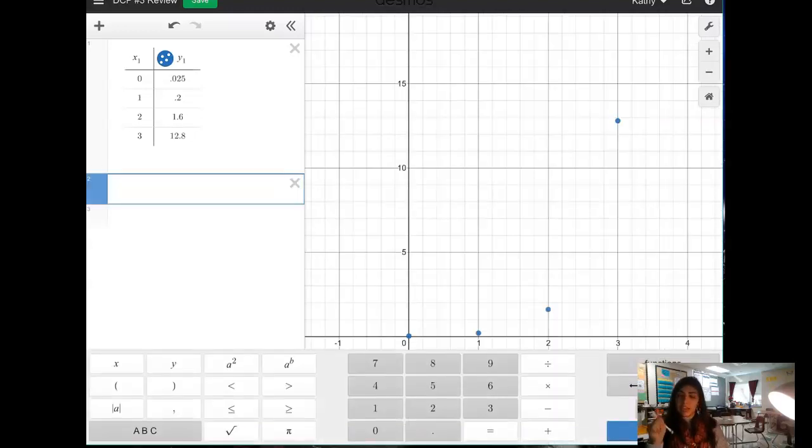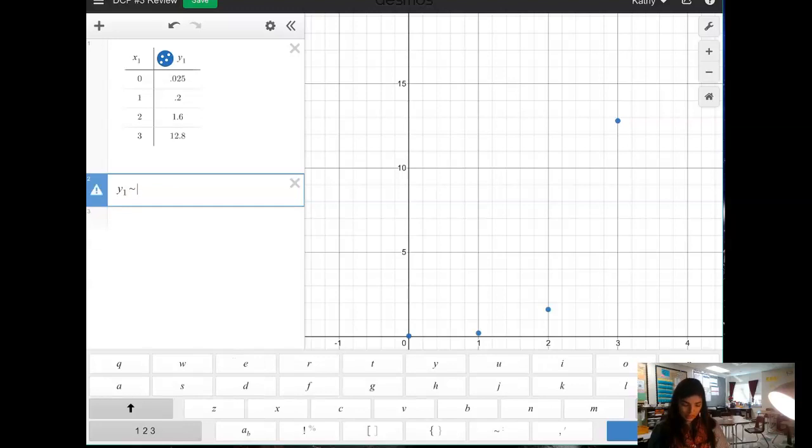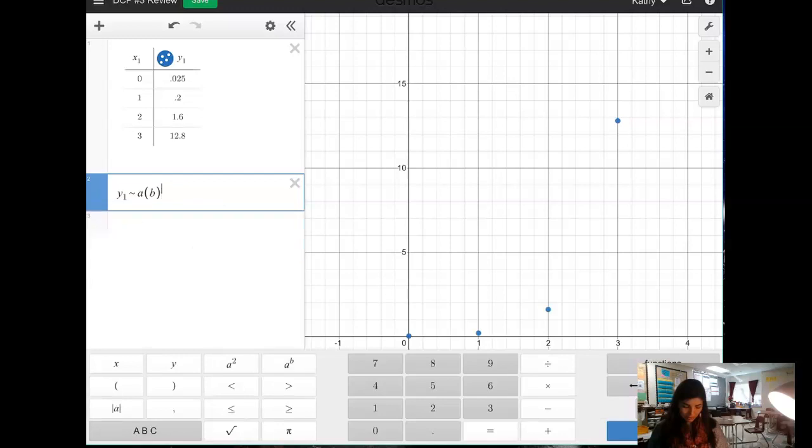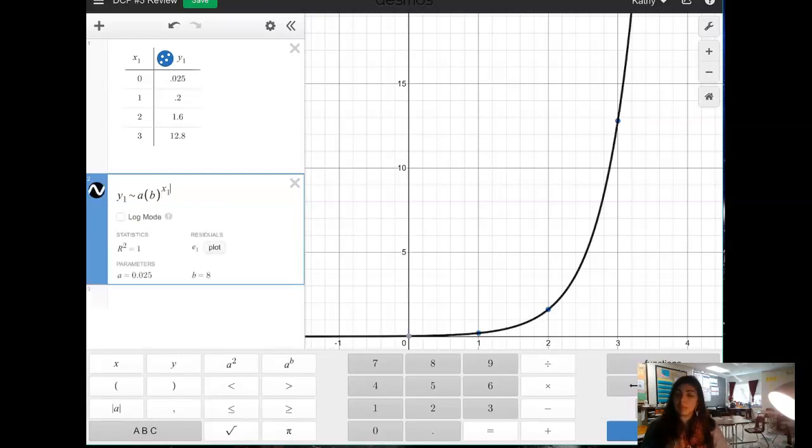Now, I use the annotated version of the exponential equation, y1 tilde, or squiggly line, a parentheses b raised to the x1 power. Immediately after I type that in, Desmos is going to show me the a and the b value that I need to use in my equation. So our equation is going to be y equals 0.025 parentheses 8 raised to the x power.